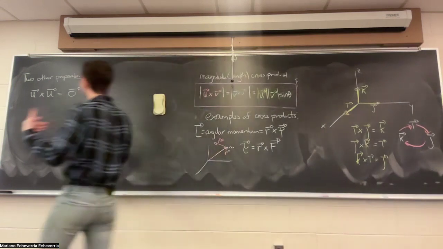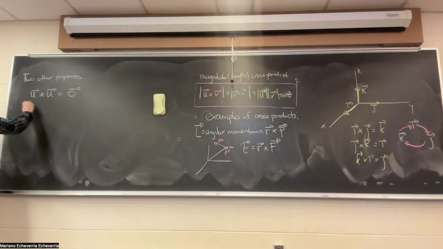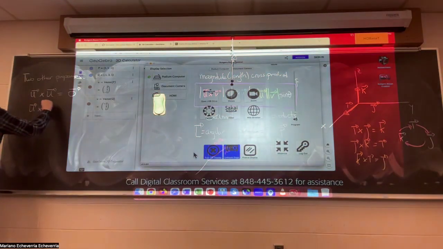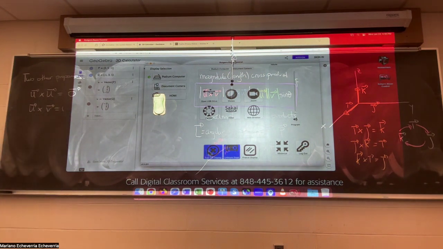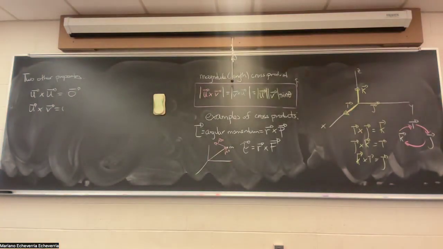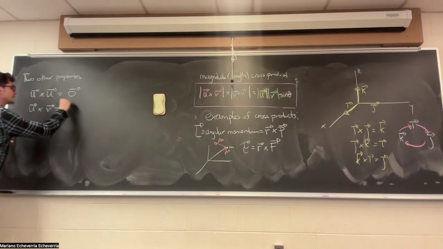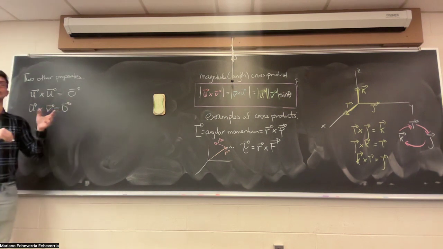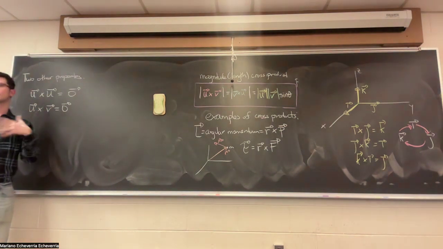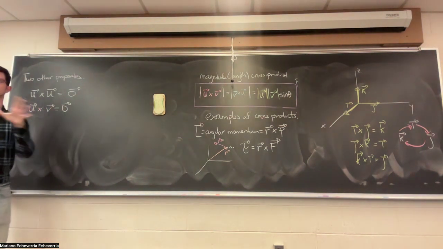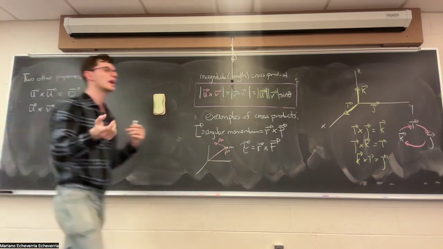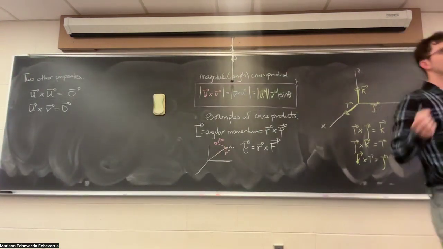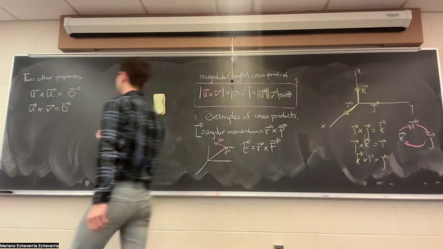And then a generalization of this is that U cross V gives you the zero vector whenever U and V are parallel or anti-parallel. So whenever the two vectors point in the same direction or opposite directions, you cannot make an interesting parallelogram in that situation.